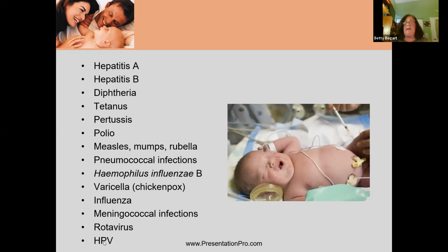We want them protected. And then as we get older, we give more: the mumps, the measles, the chicken pox. But a lot of these others can be given early. HPV is given to your young adults, age 12. So understand how often they're given, and the first immunization that's going to be given, which is hepatitis B.